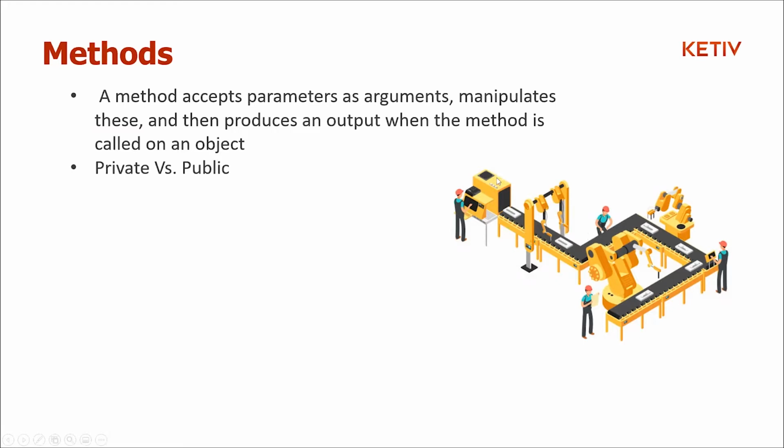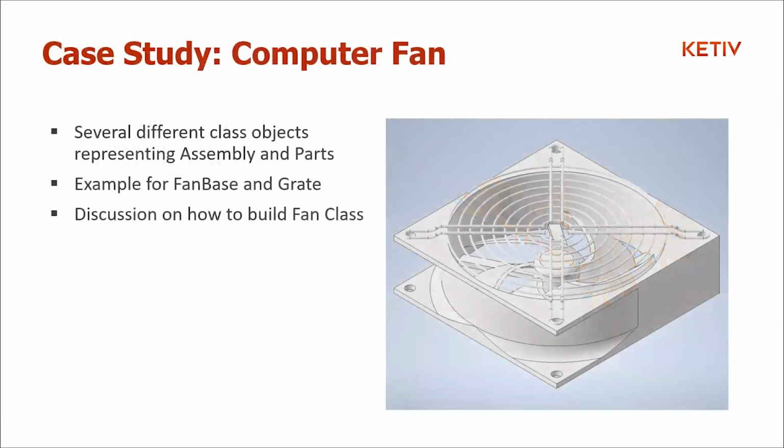This is what we use all the time. However, with methods, you want them to belong to a specific class and only operate on that class. And once again, these can be private or public based on whether you want things accessible outside the object or not. So with all that theory and talking, let's jump into a case study with the computer fan.